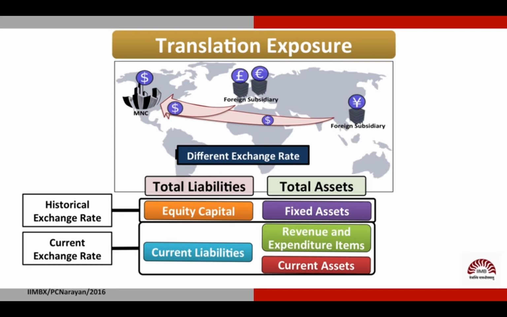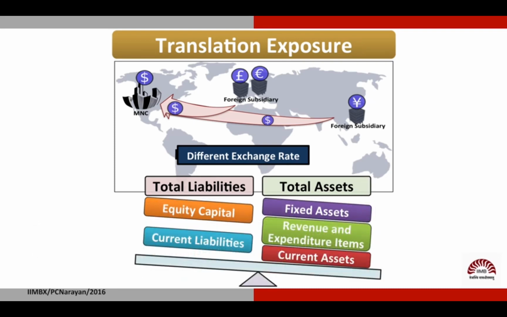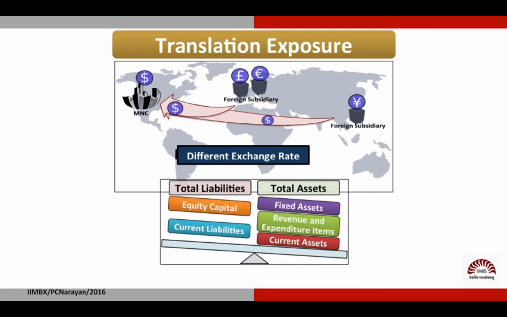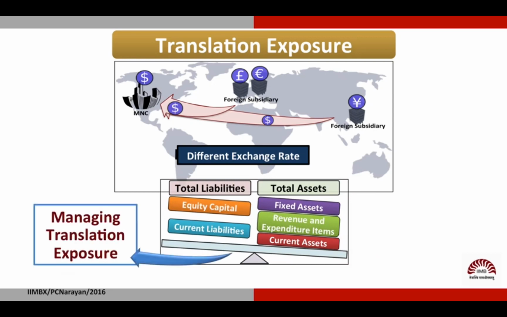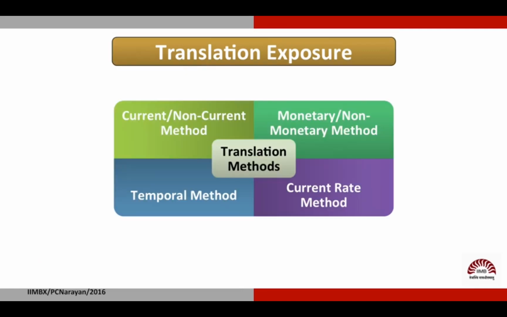The use of different exchange rates in the translation, as you can imagine, creates an imbalance in the translated balance sheet. That means total assets not being equal to total liabilities. How that imbalance is treated and accounted for is at the core of managing translation exposure. Broadly, 4 methods are used to translate the financial statements of foreign subsidiaries. 1.